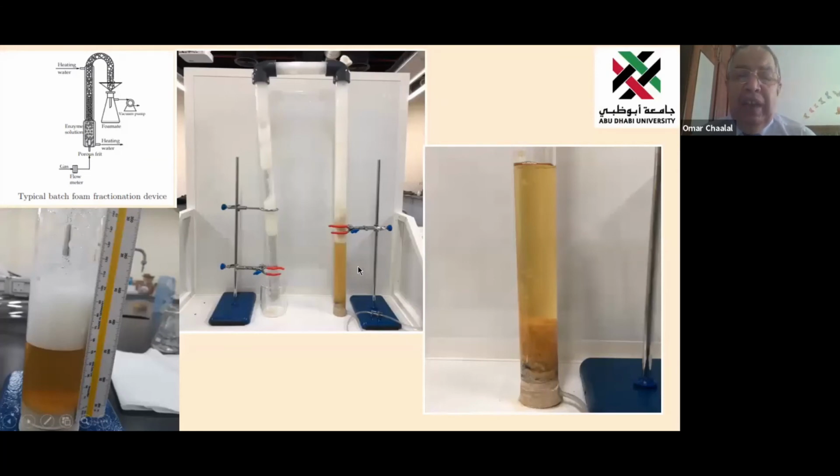We have our surfactant here, and we inject some air, so we have bubbles, and we collect them here. This part I will not cover, because maybe next time we will have the opportunity to talk about how the foam takes the heavy metals.